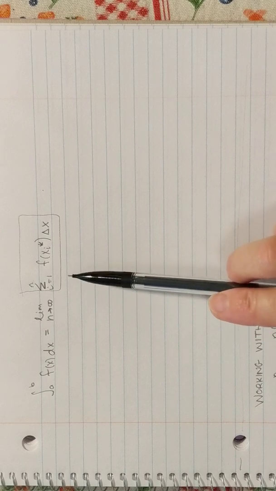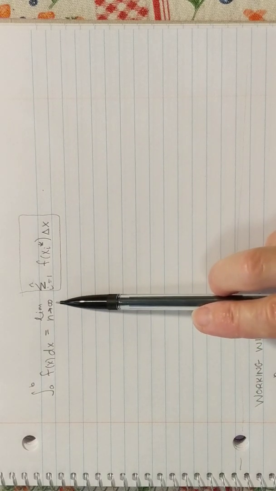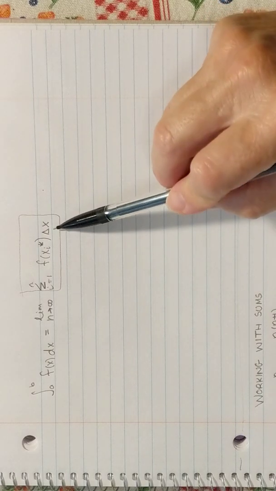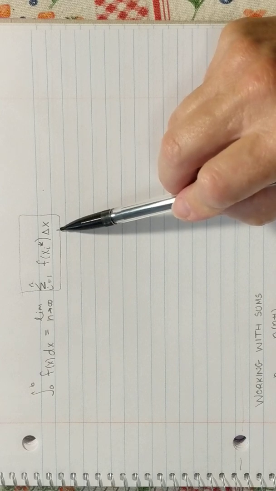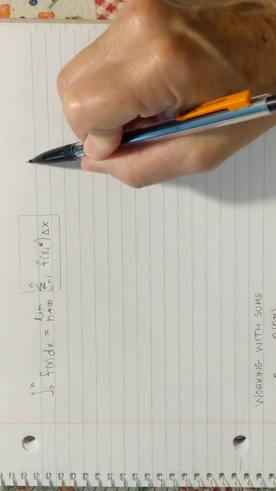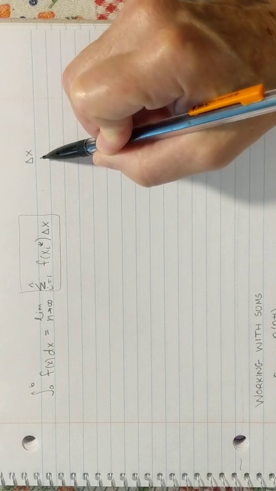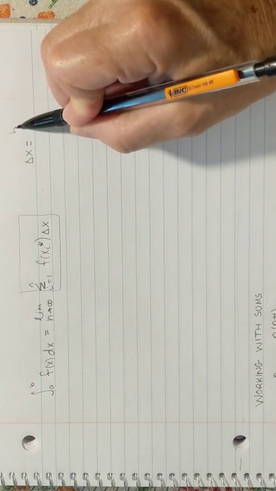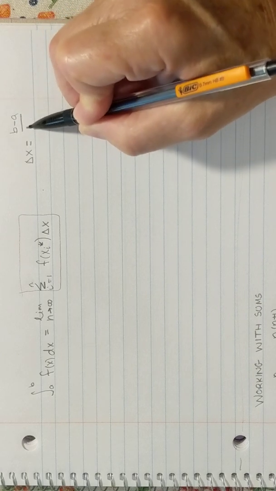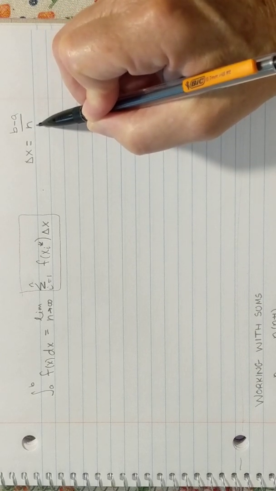We can do an infinite sum where n's headed to infinity, but in a minute we're going to look at the example that Professor Flores gave you, where they just say they want 6 subintervals. Delta x is the width of the subinterval, the width of each rectangle, and it's defined to be b minus a divided by n, where n is the number of subintervals.